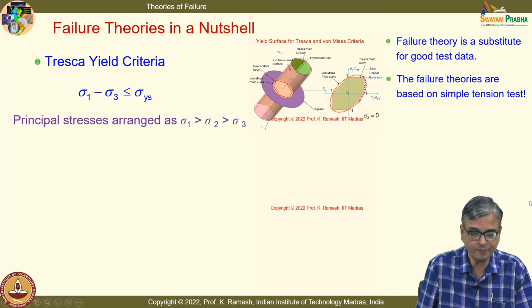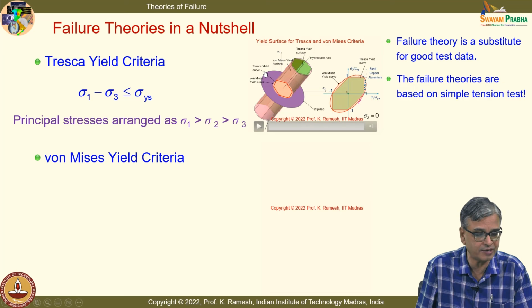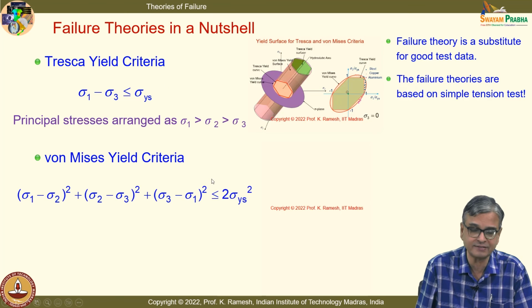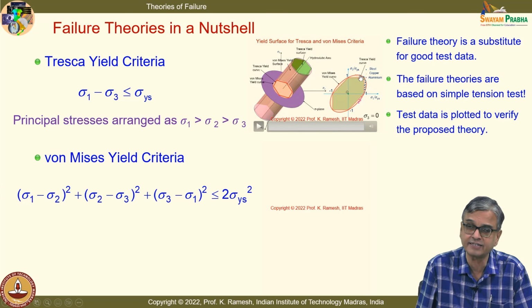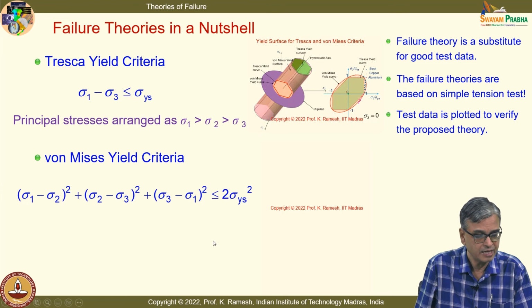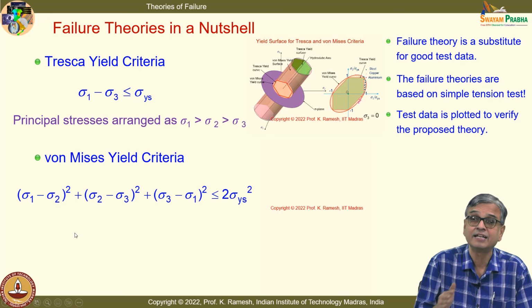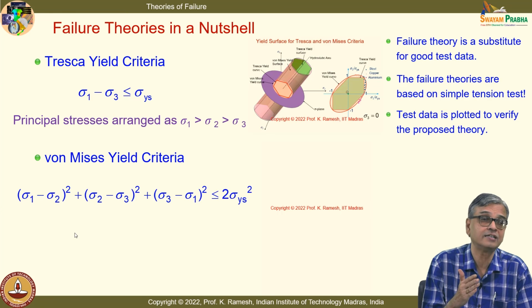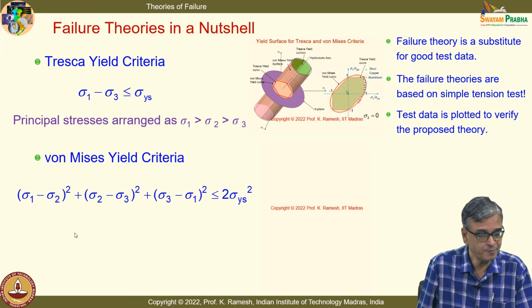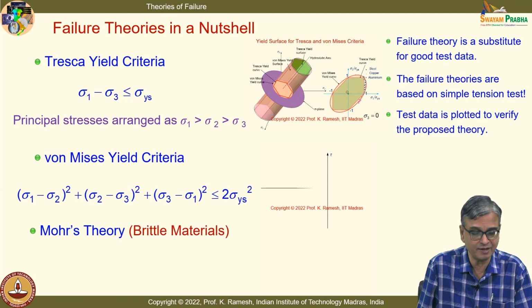And for ductile materials you have Tresca and von Mises, which are shown here. One is an elongated hexagon, another is an ellipse, and this appears like a circle and a hexagon in the 3-dimensional sigma 1, sigma 2, sigma 3 space. I also said that the von Mises yield criterion is the same as the distortional energy theory as well as the limiting value of the octahedral shear stress. So, people have verified it from multiple viewpoints.